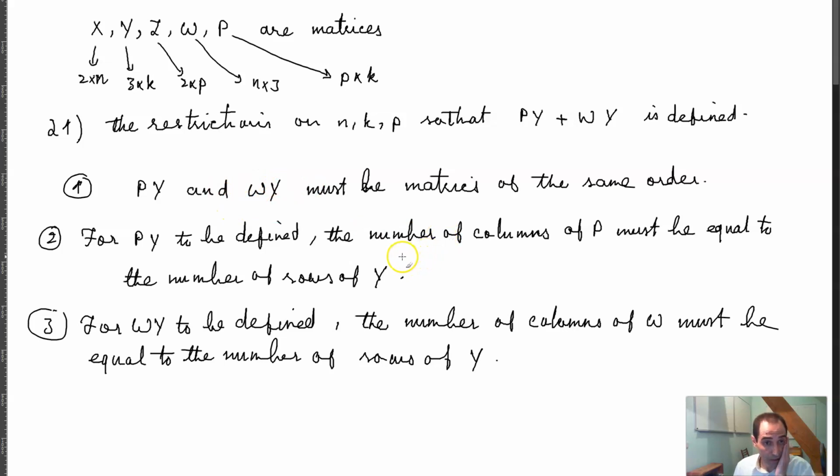Which means that the first one we said that PY and WY must be matrices of the same order, meaning that the number of rows of PY is supposed to be equal to the number of rows of WY, and the number of columns of PY is supposed to be equal to the number of columns of WY.